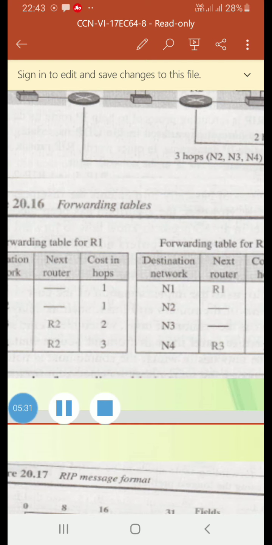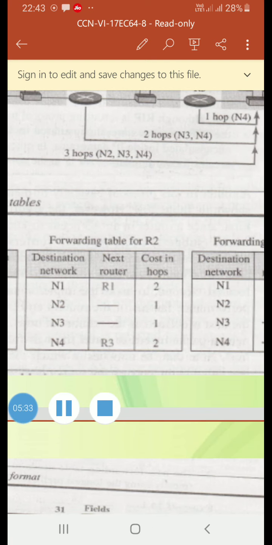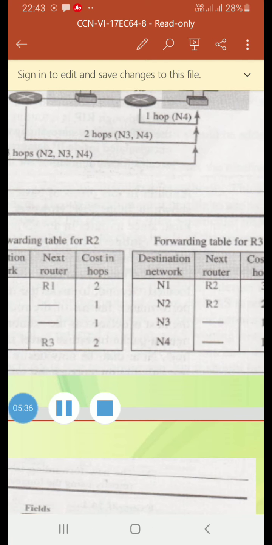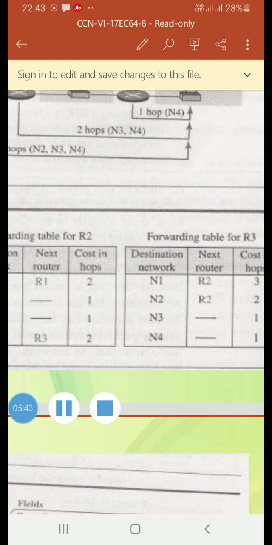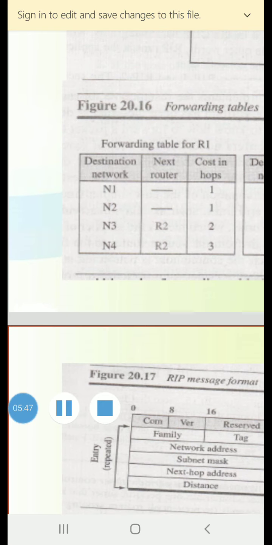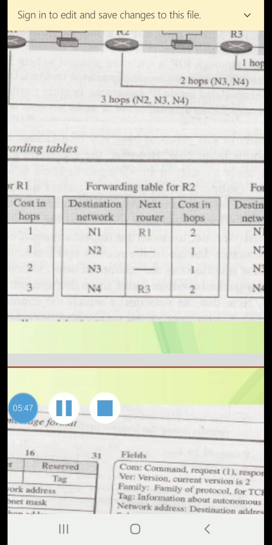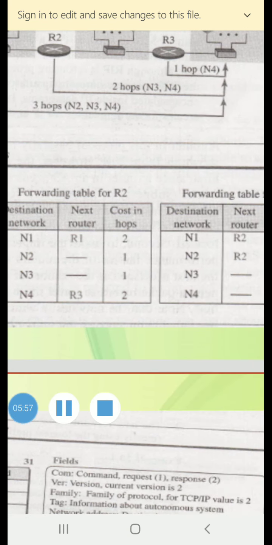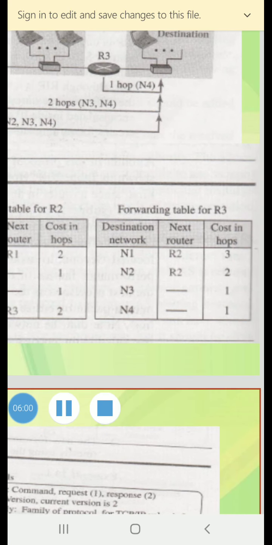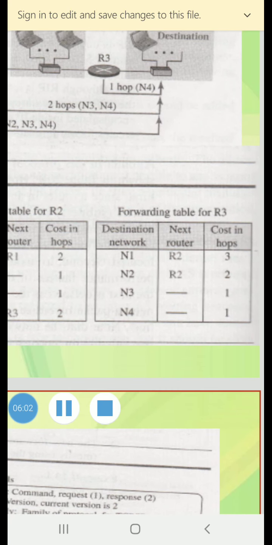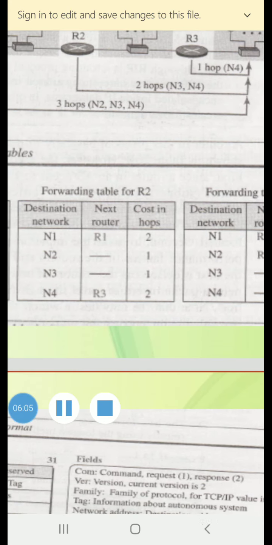R3 defines that there is no next router for this path, shown as a dash. Is it clear? So the tree is then R1, R2, R3, N4.